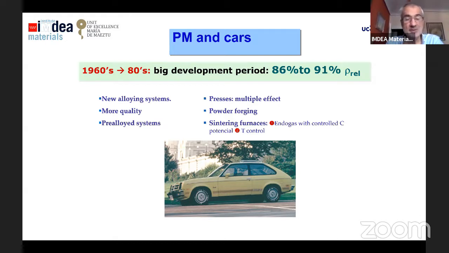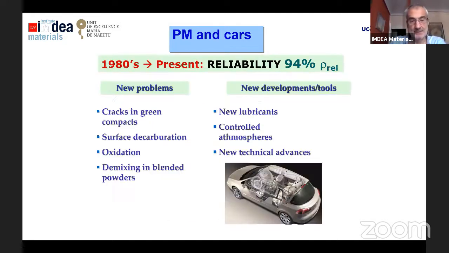A lot of technology was introduced in the pressing part of the process, with multiple-action presses. Powder forging was introduced, and of course much more control in the sintering furnace, which allows producing parts with much higher density. This higher density allows producing even better parts and more parts in the cars.